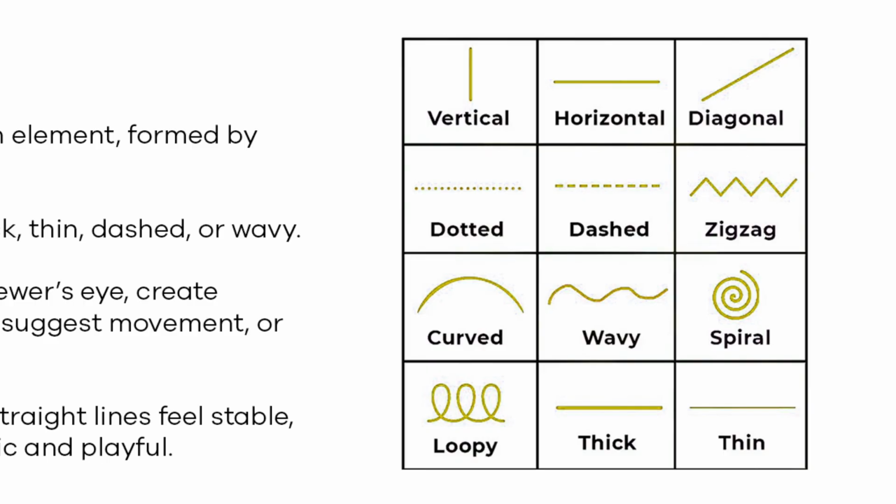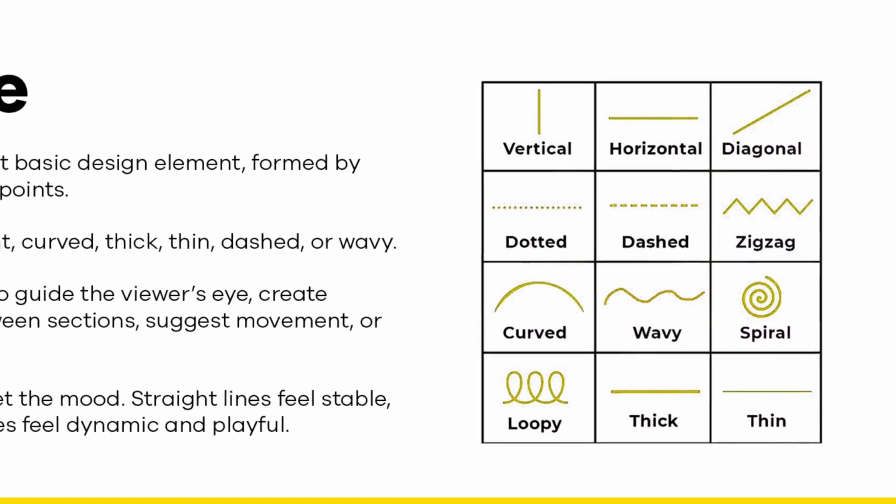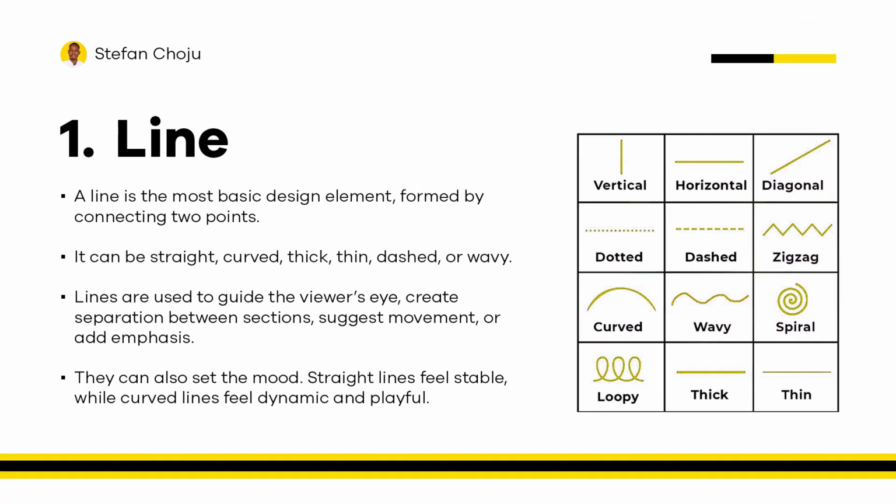We have different types of lines, and each of these lines gives different feelings and different moods. A straight line can feel stable, right, while a curved line can feel more dynamic and playful. That's why if you look at children's posters, you see curvy lines, you see wavy lines. Why? Because it gives that playful vibe.